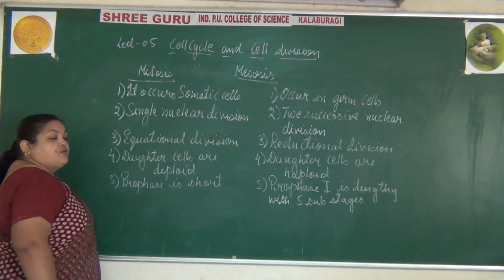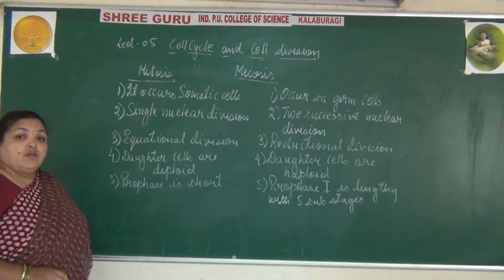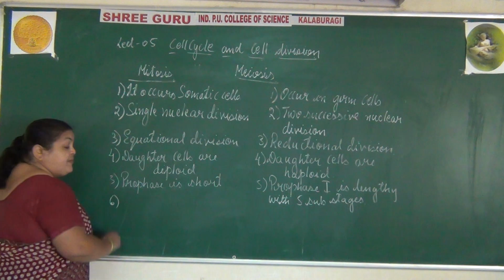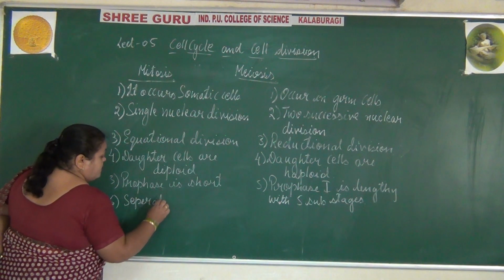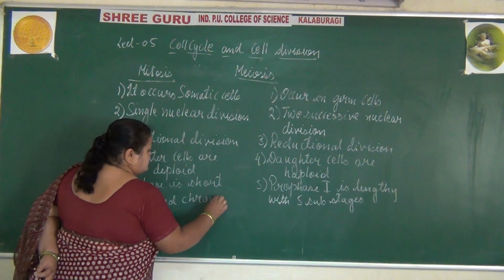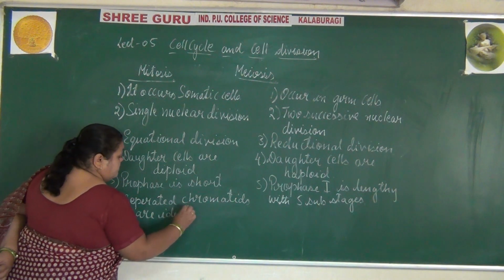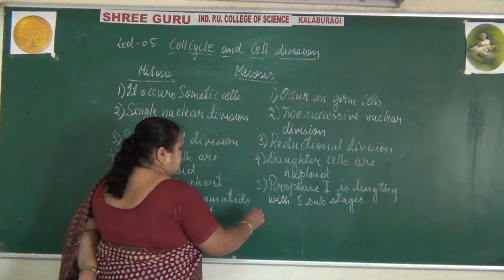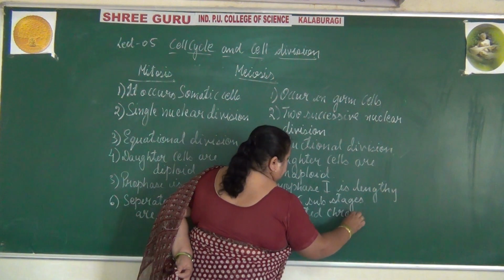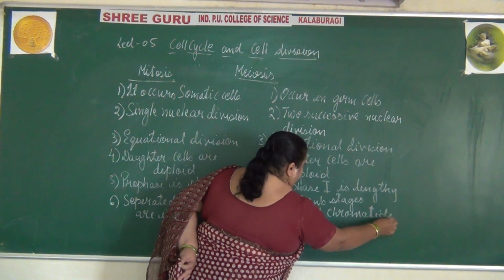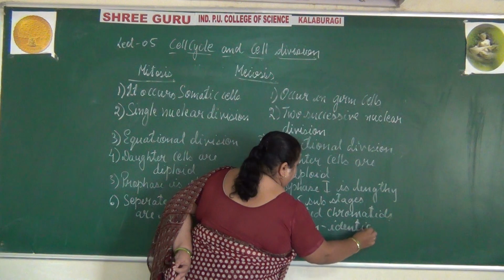While in the other processes, you can see that during anaphase, when the chromatids get separated, the separated chromatids are identical, while in meiosis the separated chromatids are non-identical.